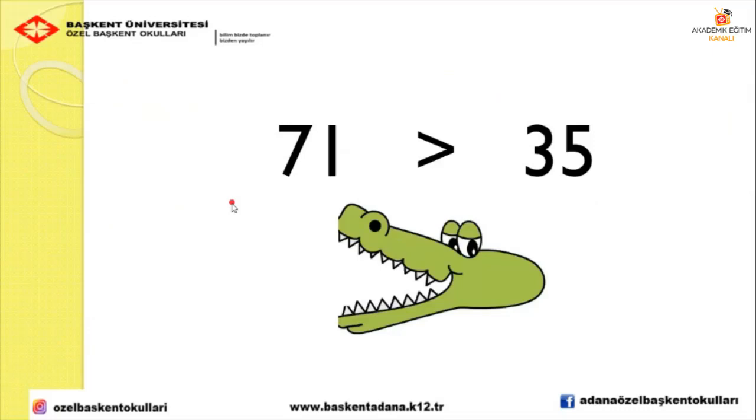So we will say that 71 is bigger than 35. You can think of a crocodile's mouth open for the biggest and largest and greatest number. The tail will be for the smallest number.